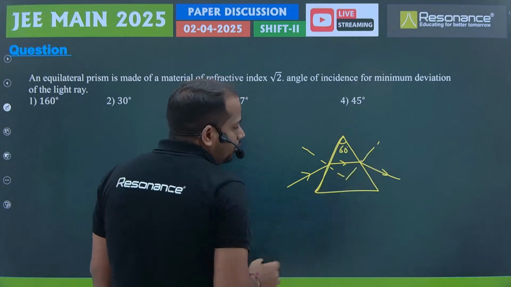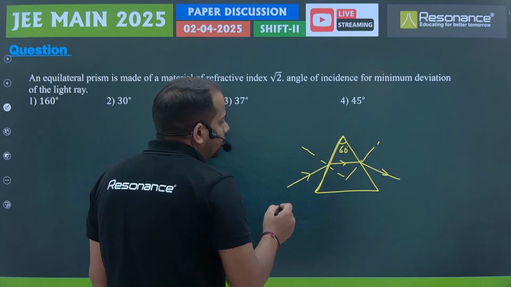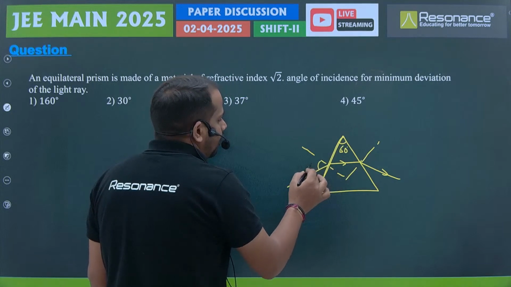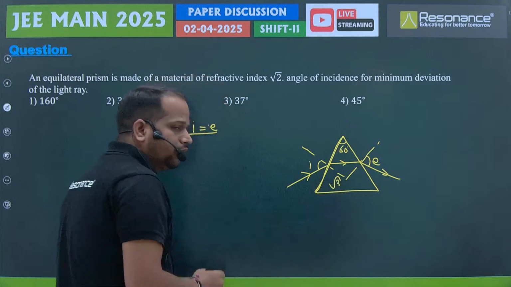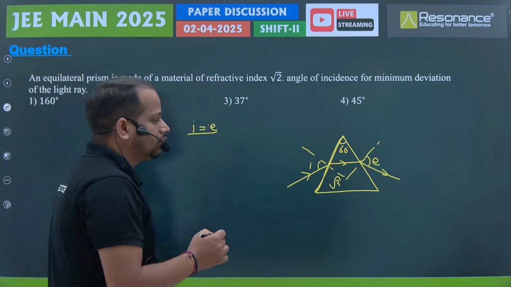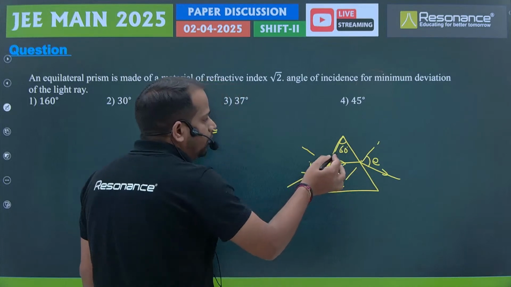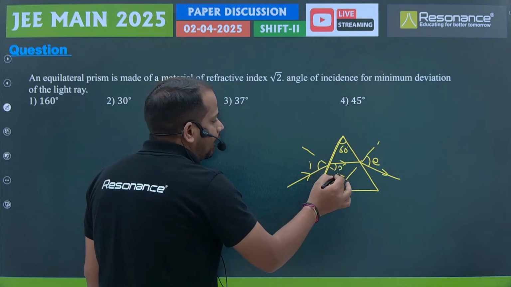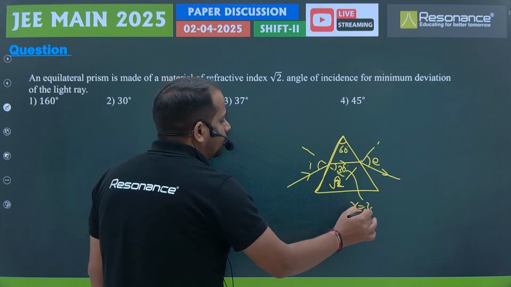So in this case you can observe, this is 60 degrees, it's equilateral. This is i and this is equal to e. And the refractive index is √2. If this is 60 and this is 60, so this angle is 30. So this r is equal to 30 degrees.